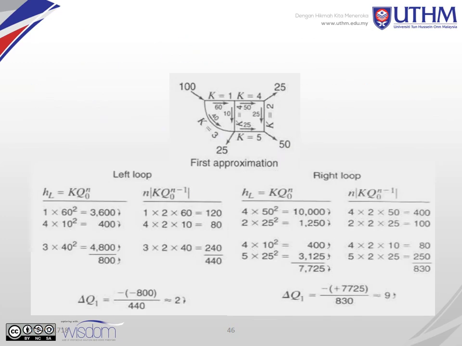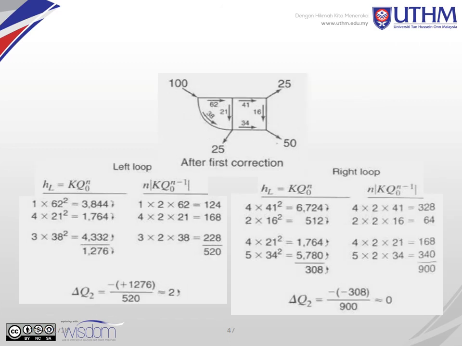This one is negative, so this is 2. Then you must total up the 60 and 40. If the 9 is negative 9, this is for the second correction.